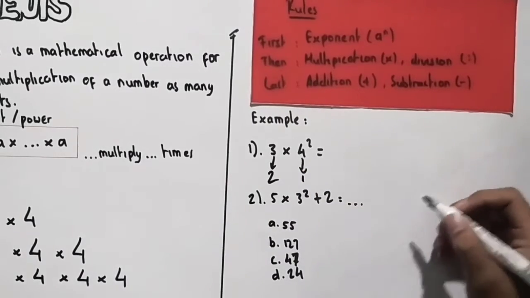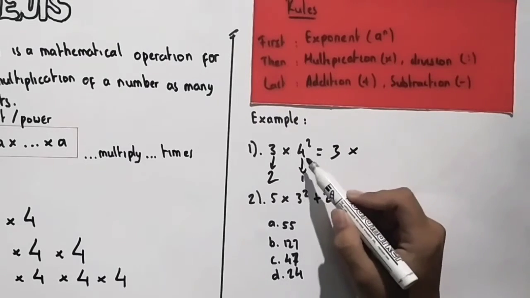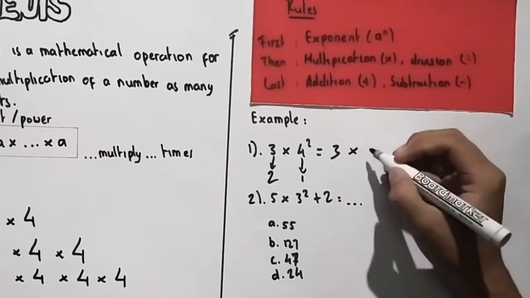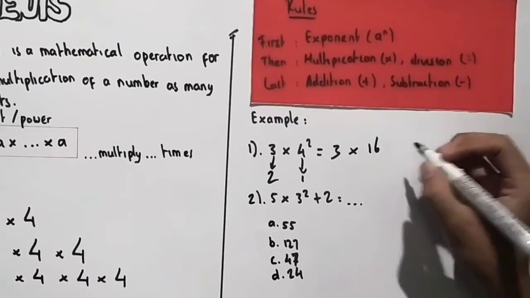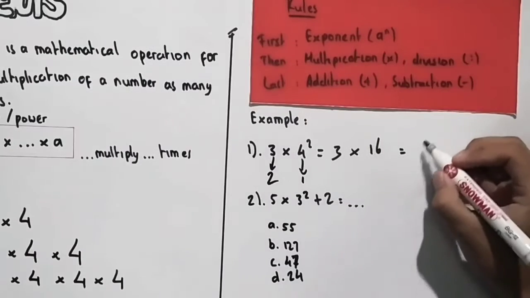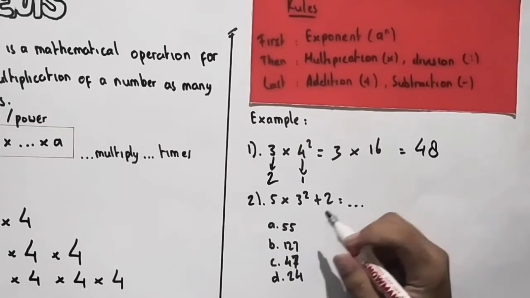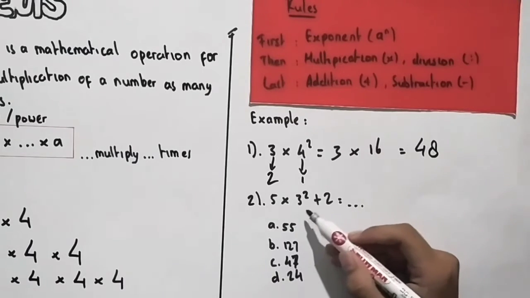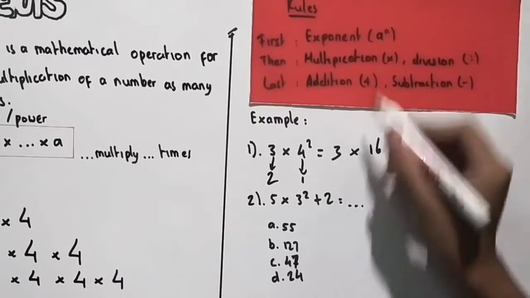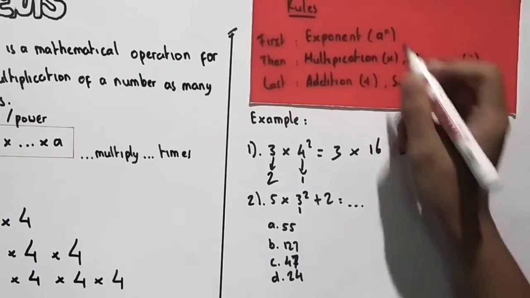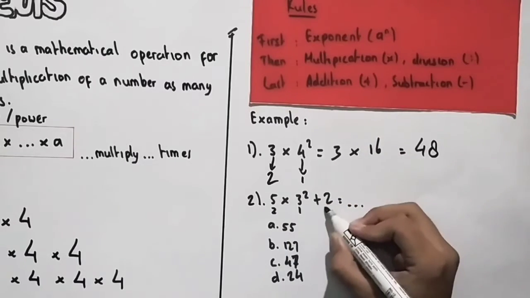So 4 multiplied 2 times is 16, and then 3 times 16 is 48. Example number 2: 5 times 3 multiplied 2 times plus 2. First is the exponent, then multiplication, and last is addition.